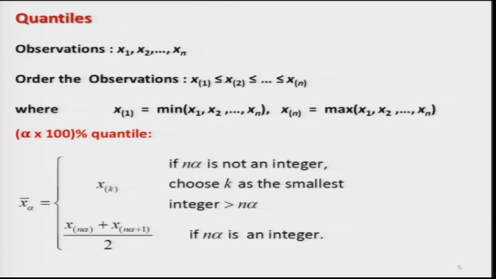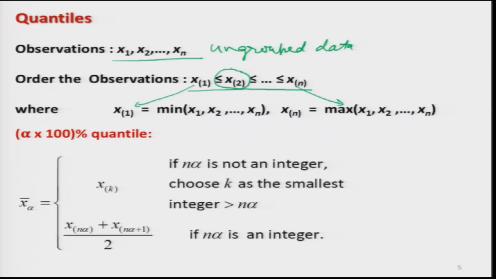Now, here in this case also, let me consider the data to be x1, x2, up to xn, and this is ungrouped data, and this data has been ordered. So, x1 denotes the minimum value among x1, x2, up to xn, and xn denotes the largest value or the maximum value in the data, and similarly x2 means the second ordered value.